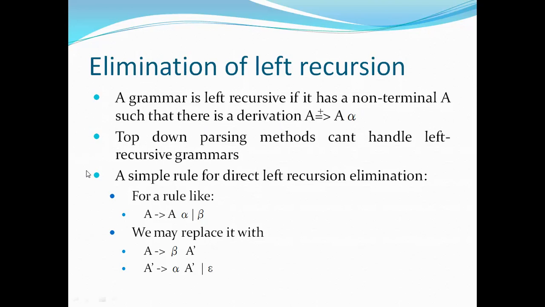Here is the elimination. A simple rule for direct left recursion elimination: for a production of the form A produces A alpha or beta, we may replace it with A produces beta A dash.